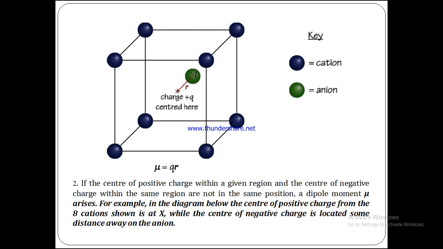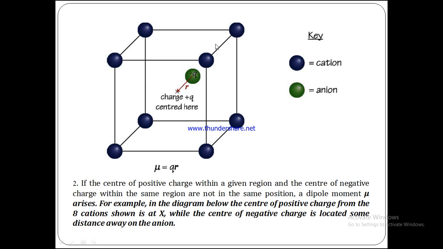But when the electrical field is applied, the charge changes its state and travels towards the anode or towards the cathode by a small distance, capital R. The anion contains a negative charge, whereas the cation is considered a positive charge.